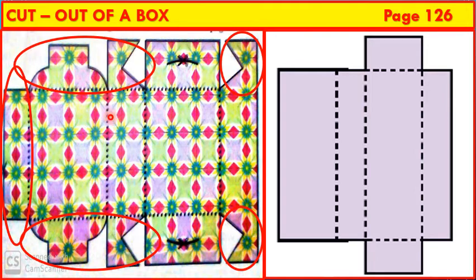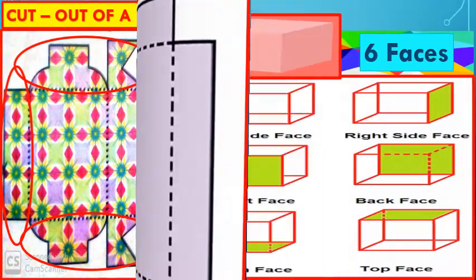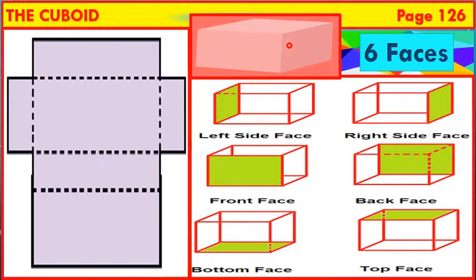Now if we remove the extra flaps from this cutout, then the net of a box, that is a cuboid, will look like this. This is a cuboid. A cuboid has 6 faces. First, the left side face. Second, the right side face. Third, the front face.